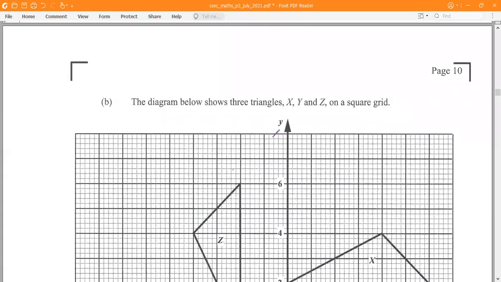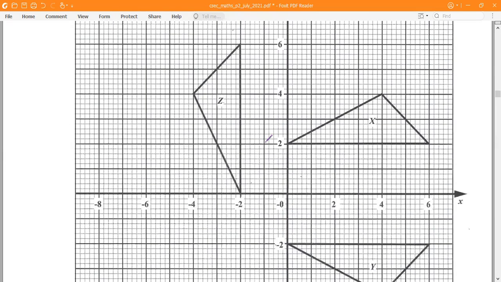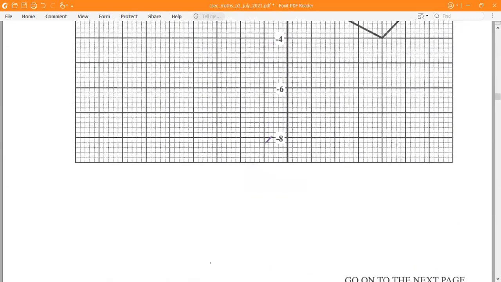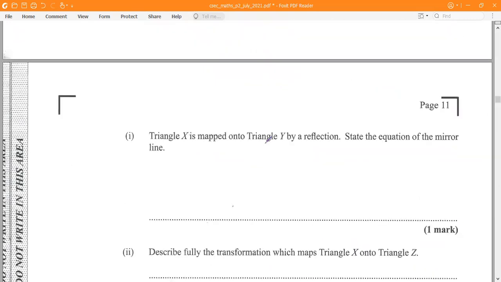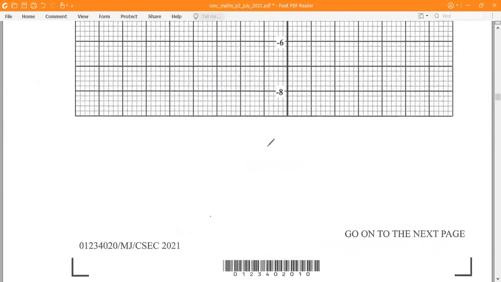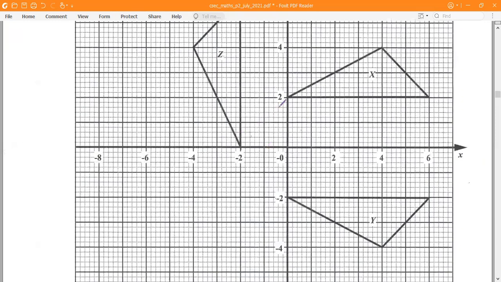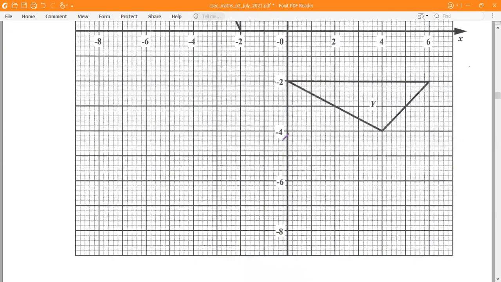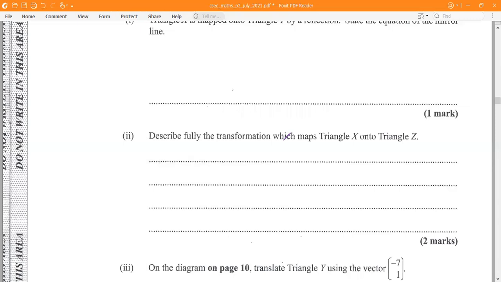Moving on to part B, the diagram shows 3 triangles X, Y, Z on a square grid. Triangle X is mapped onto triangle Y by reflection. State the equation of the mirror line. So the distance of the object from the image must be divided by 2.